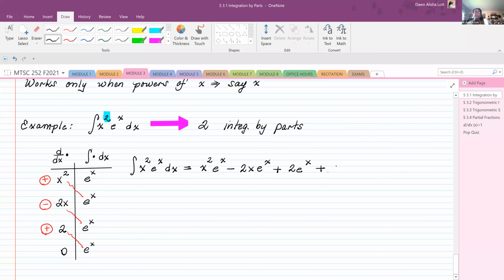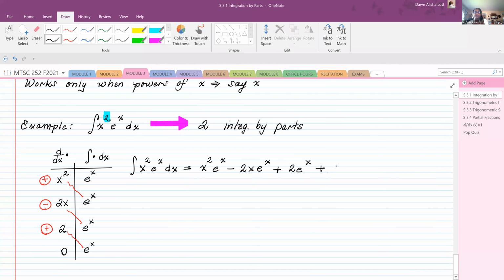But I know the integral of e to the x sine x dx. So now I'm going to put that in. So I get minus negative e to the x cosine of x plus the integral of e to the x cosine x dx. Okay.